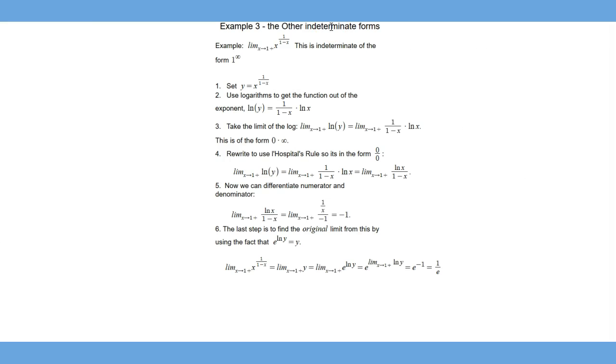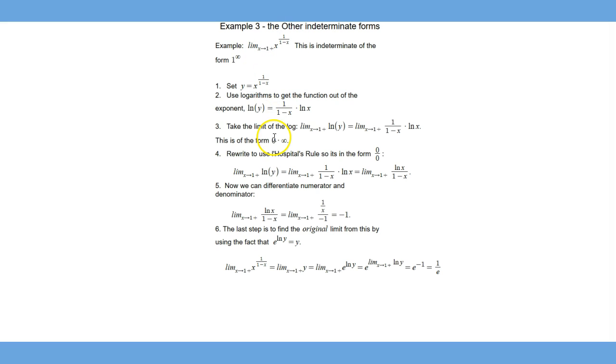And then my last example of the other indeterminate form is of the form 1 to infinity. You can see that this is an example where as x goes to 1, the base is going to 1, and the exponent is going to 1 over 0, or infinity.